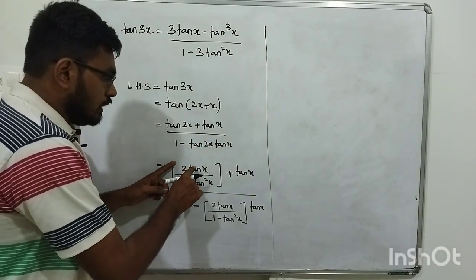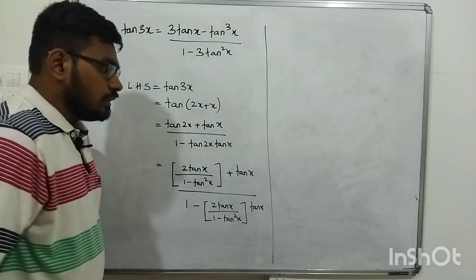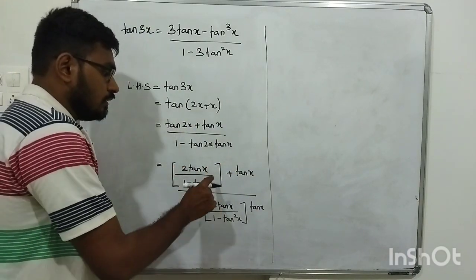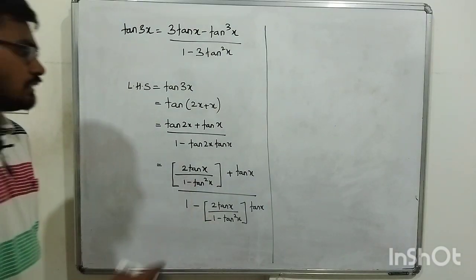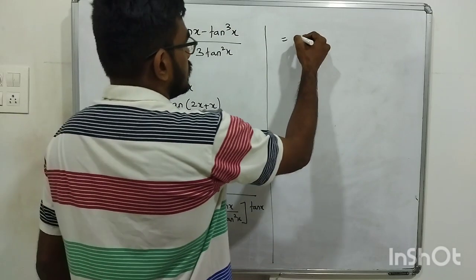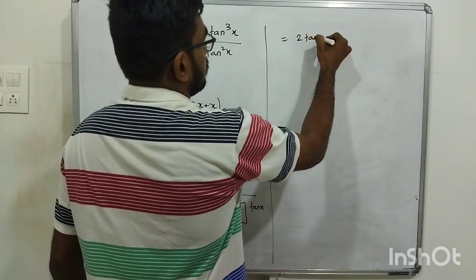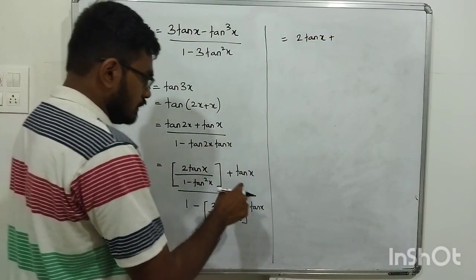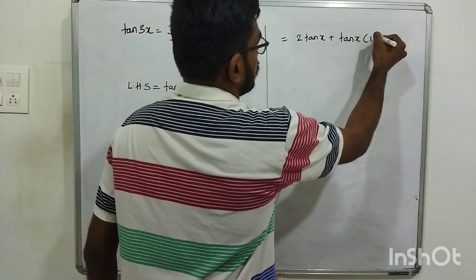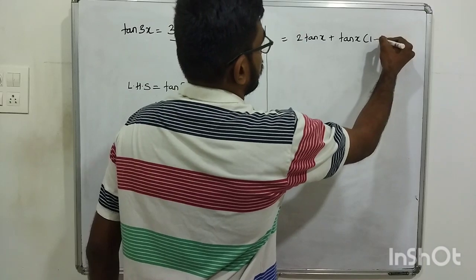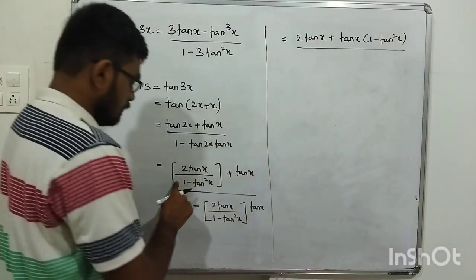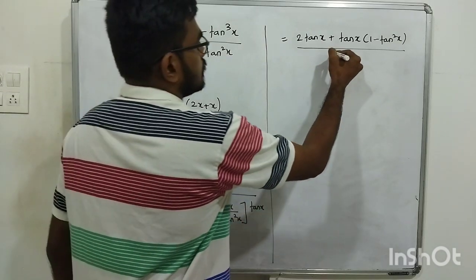Okay, see here 2 tan x upon 1 minus tan square x into tan x. So how will you solve this? Again you have to just solve the fractions. So 2 tan x into 1 is 2 tan x, plus this into this is tan x into 1 minus tan square x, upon the denominator, 1 minus tan square x into 1 is 1 minus tan square x.